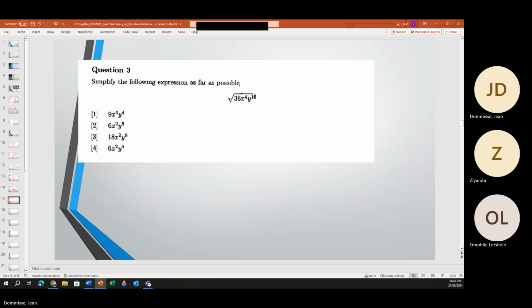So if you look at the square root, another way of looking at what this means is that if there's nothing, it basically means that it is a square root with a 2 in it. Okay, so that is the first thing you need to know: if there's nothing, it basically means there is an actual factor 2.